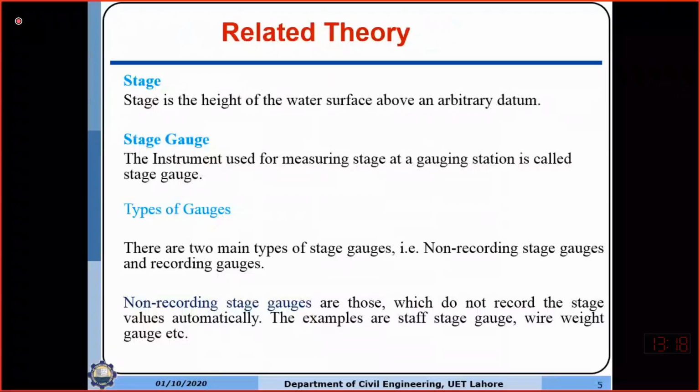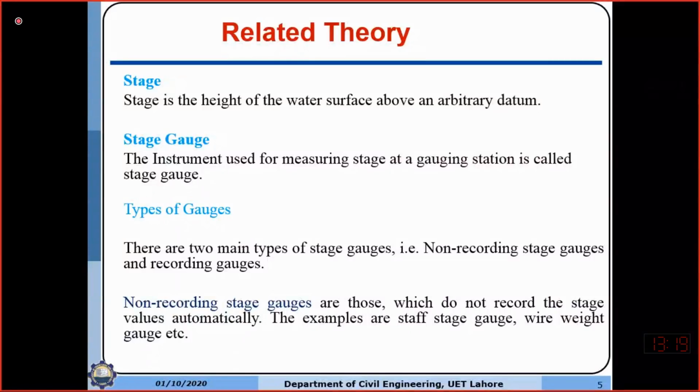What is a stage? First of all, stage is the height of water surface above an arbitrary datum. Like when you do surveying, you find the reduced level. You always have some datum, like mean sea level, with respect to which you find or report the reduced level of a certain place.